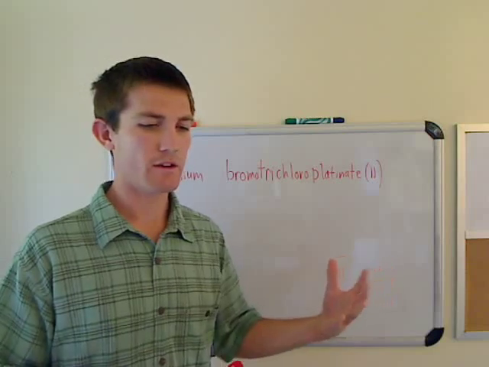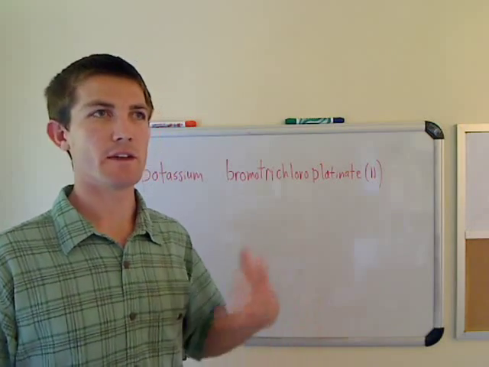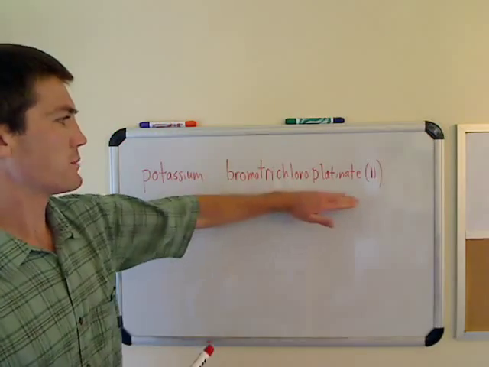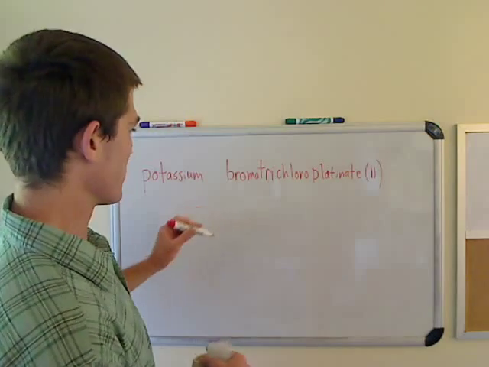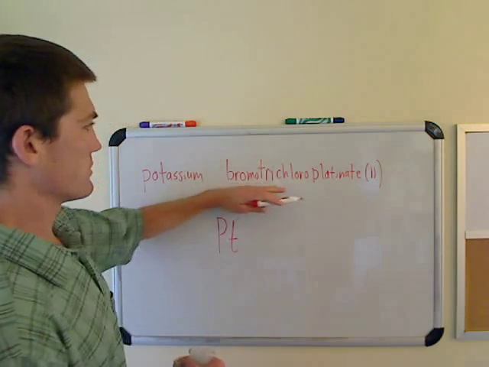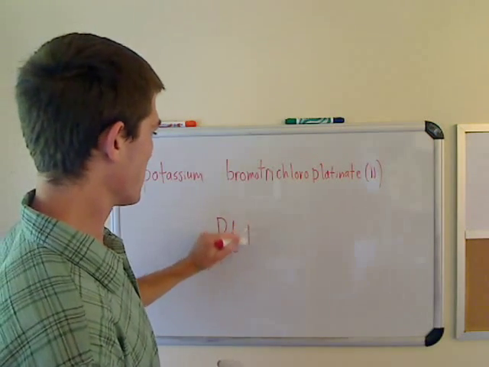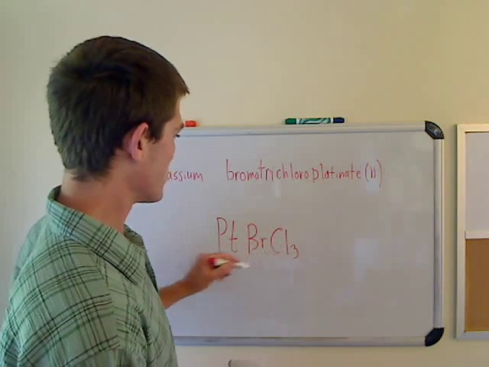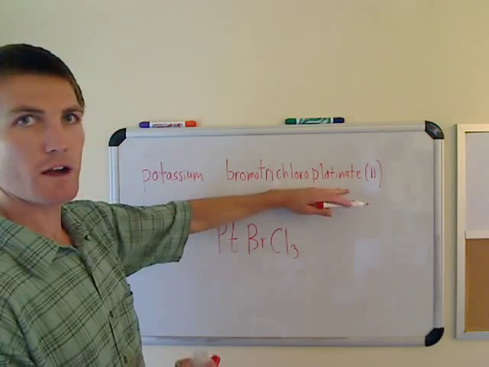You can think of other ions like sulfate, nitrate. They all have these -ates at the end. So our complex ion is going to be negative. So let's start with platinum. We have platinum, we have a bromo and a trichloro. So bromo, trichloro, that takes care of our complex ion.